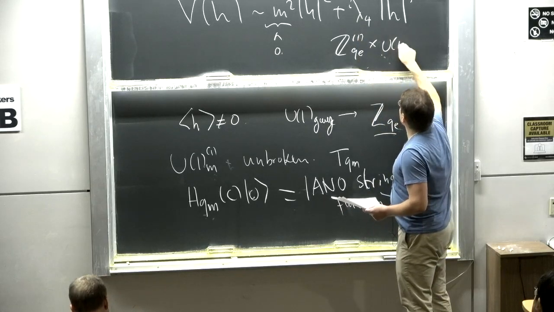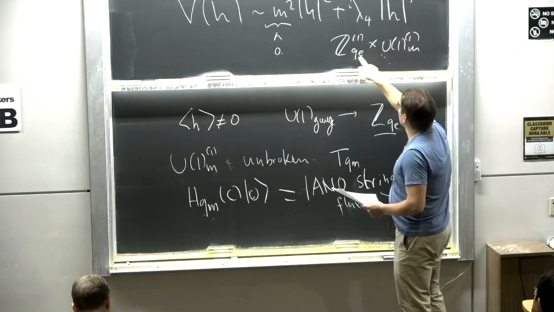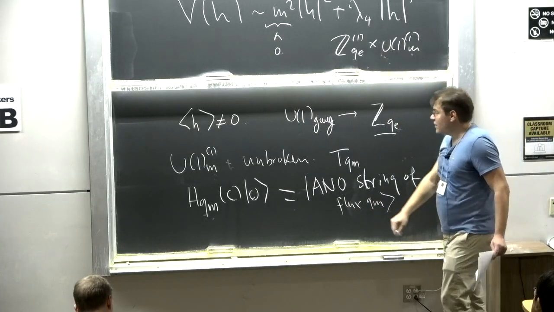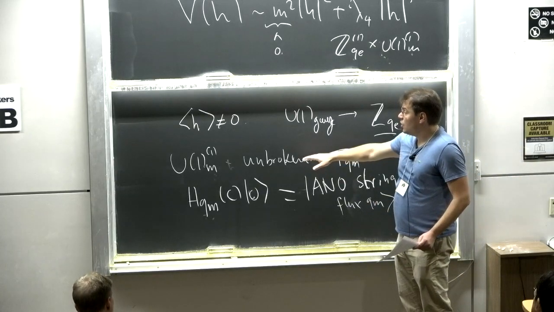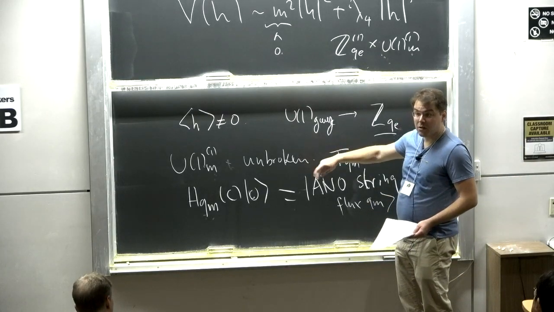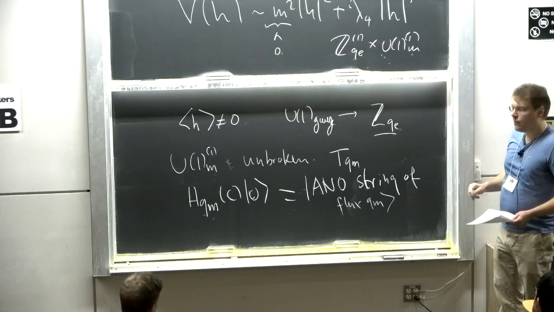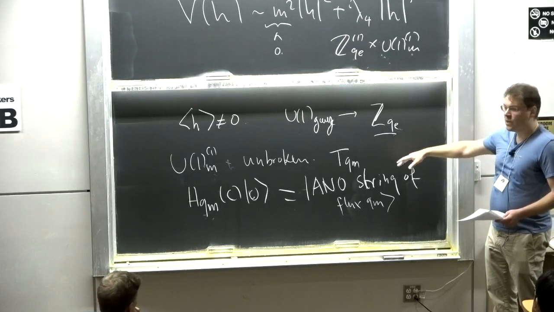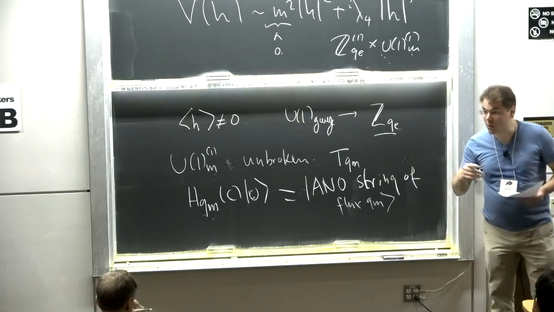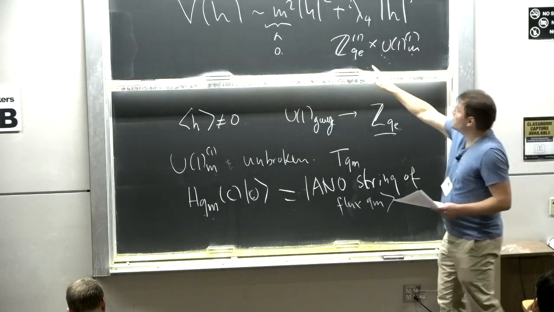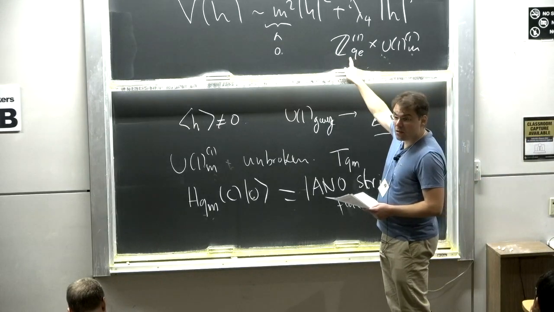So these are the one-form symmetries on the model, and they still have a discrete mixed anomaly. However, I've just argued that the U1 magnetic symmetry is unbroken and the model is gapped, so we should be a little bit worried about how this anomaly is matched. And roughly speaking, it'll be matched because of these fractional vortices, or that's at least one way of thinking about it. All right. By contrast, this electric symmetry here is spontaneously broken.